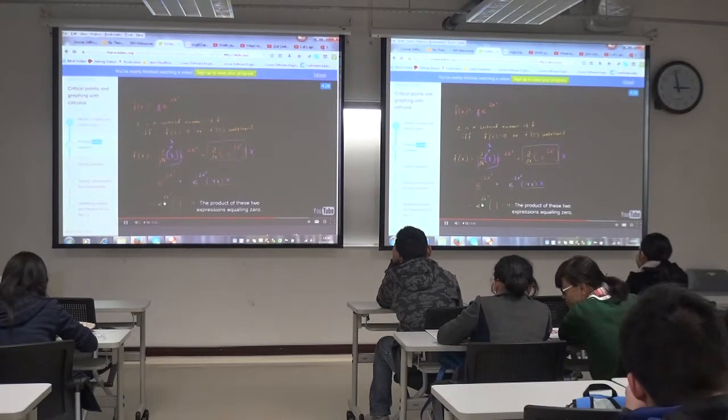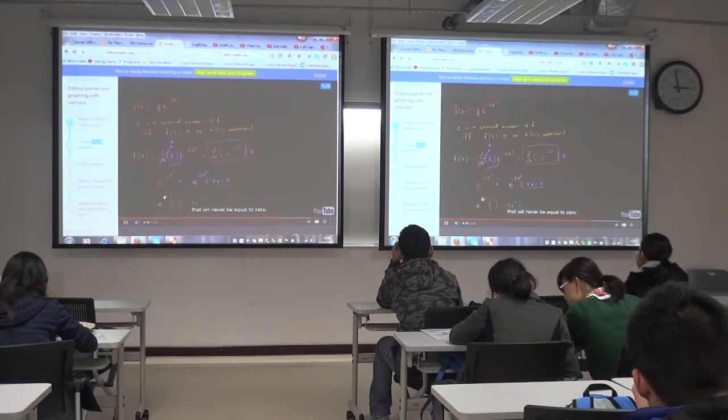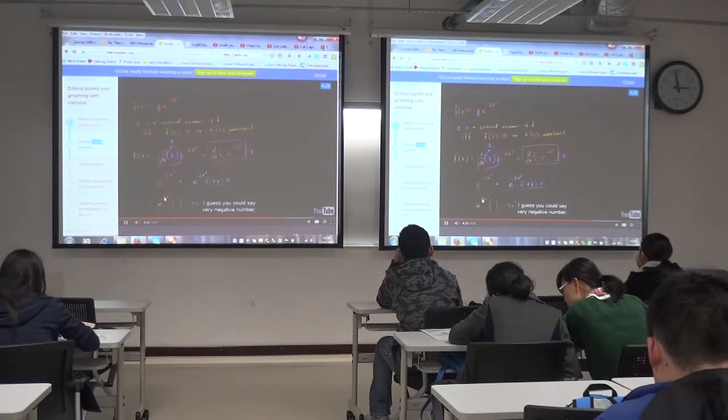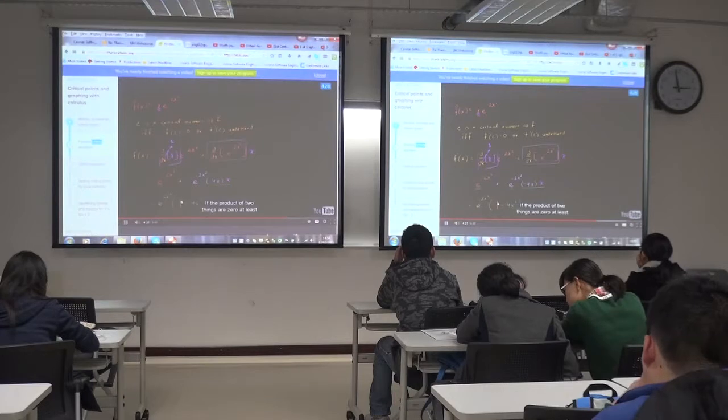So you have this product of these two expressions equaling 0. E to the negative 2x squared will never be equal to 0. If you get this exponent to be a very negative number, you will approach 0, but you'll never get it to be 0. So this part here can't be 0.